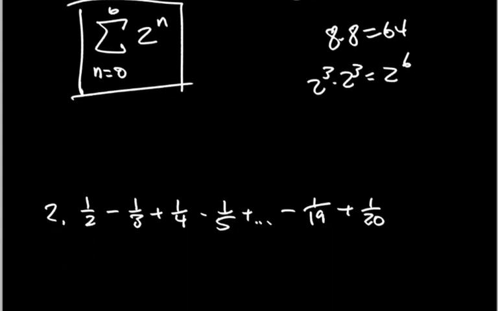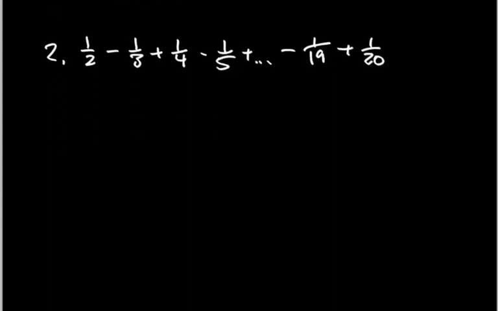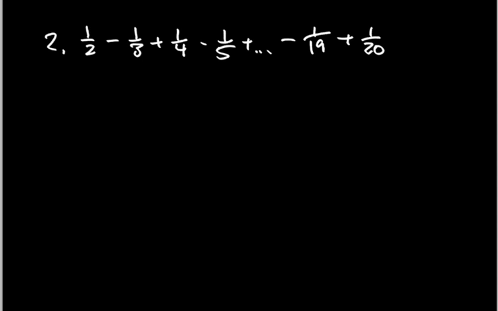Alright. Next, let's look at this. What do we see here? We see two things happening. We see something with a numerator. So the numerator is 1. What about the denominator?